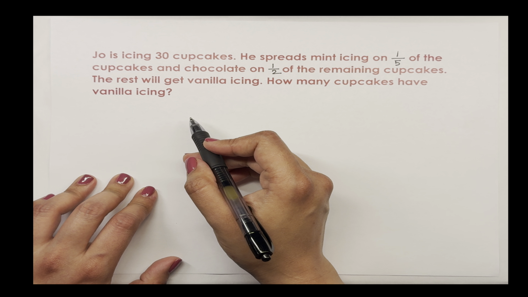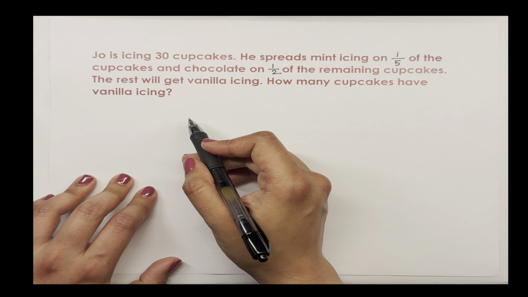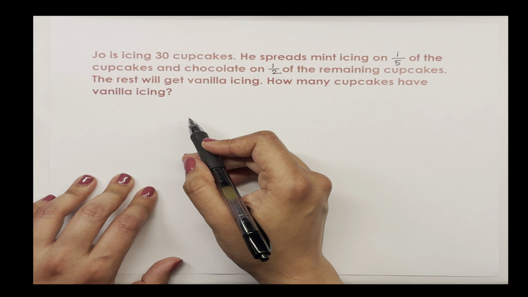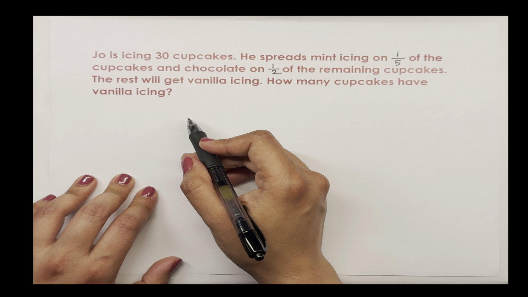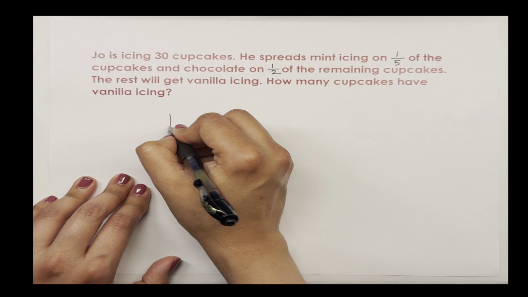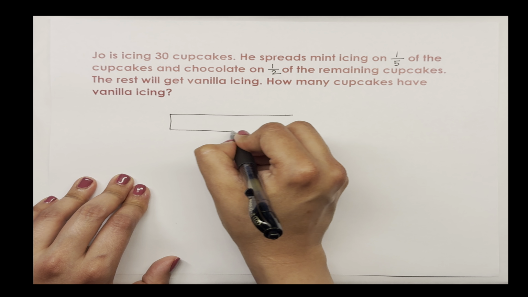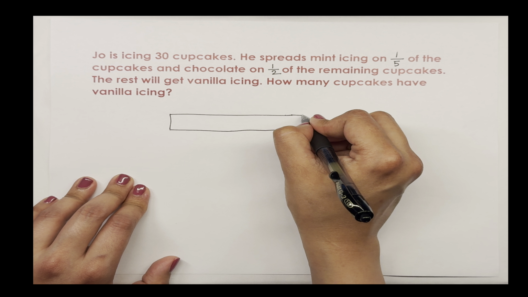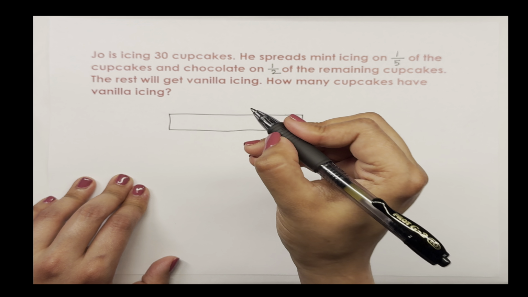Joe is icing 30 cupcakes. She sprays mint icing on 1/5 of the cupcakes and chocolate on half of the remaining cupcakes. The rest will get vanilla icing. How many cupcakes have vanilla icing? So this is the total cupcakes that Joe is icing.